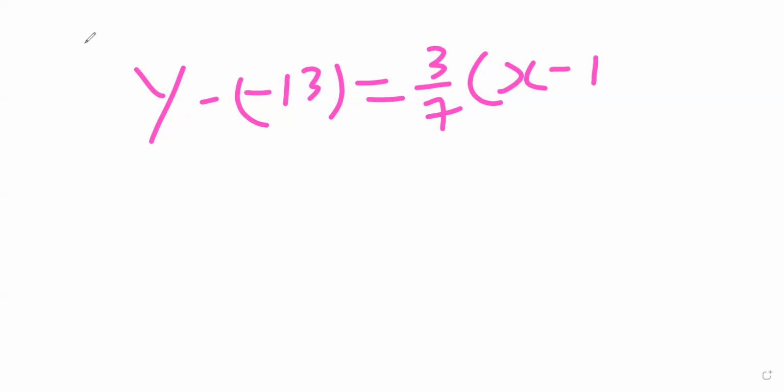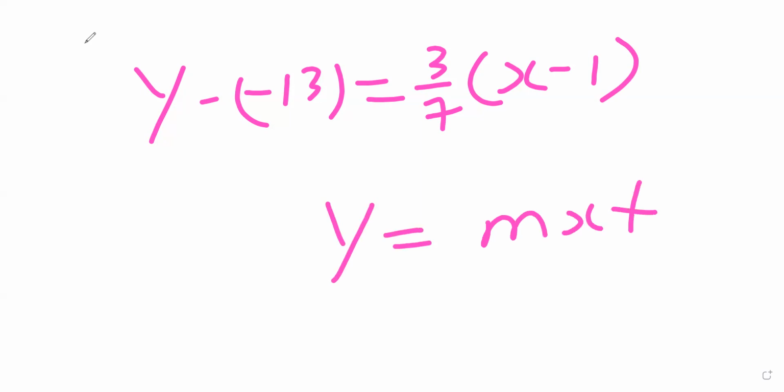All we need to do, my friends, is rearrange this equation so that it is modeling this. So what's the first thing we do? Well, let's look at the easiest one.